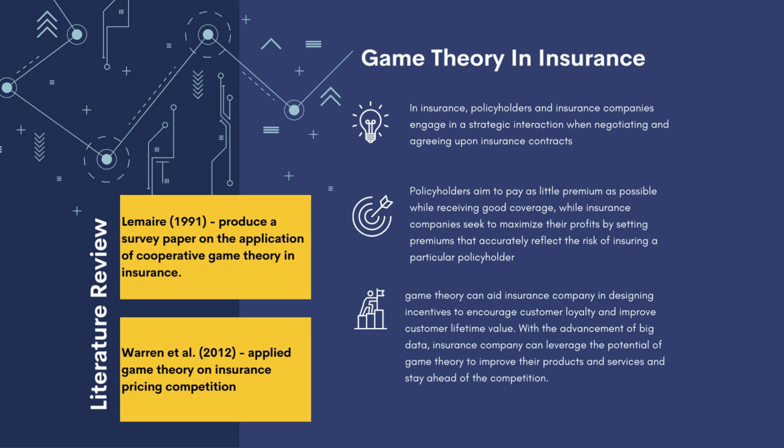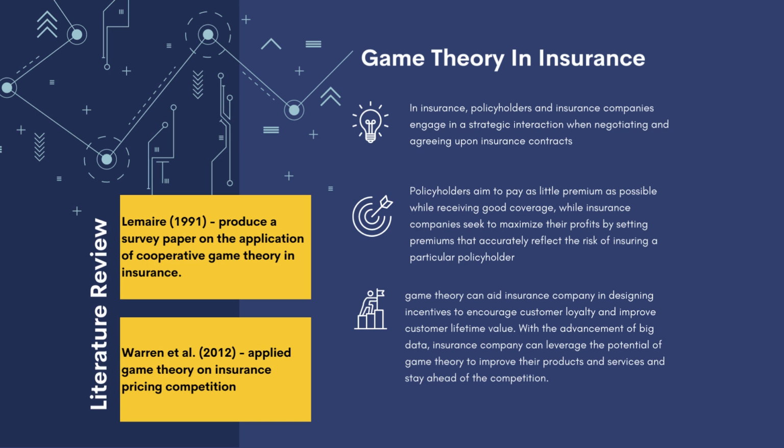In the research by Lemaire and Warren, they pretty much have two different players, which is one company against another company. But I seldom see people talking about the game between the policyholder and the insurance company. There are some, but not in detail actually.